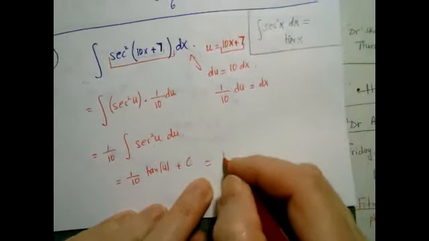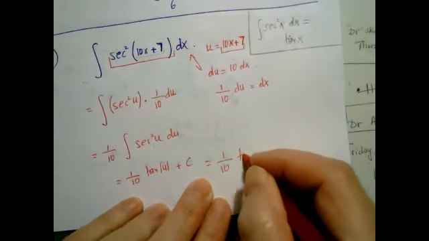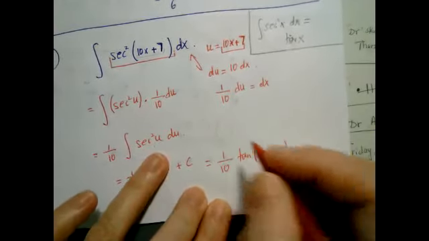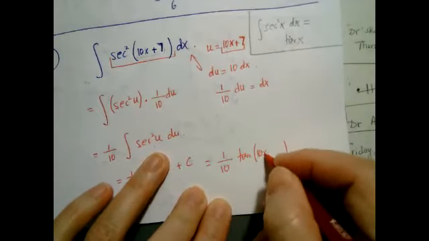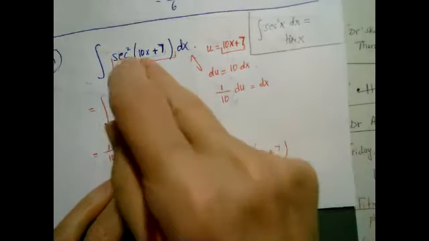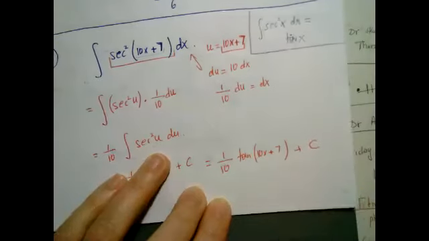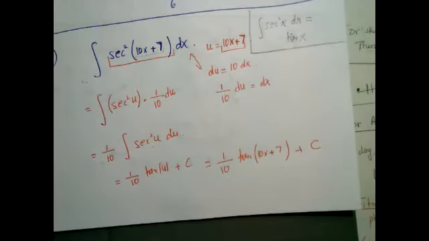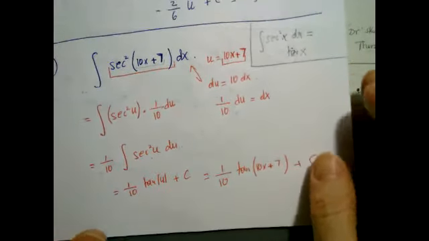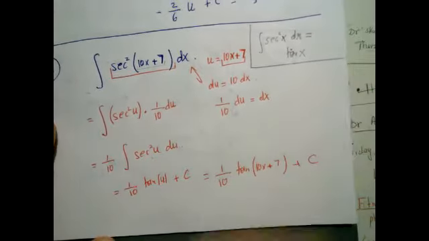And finally, this will give me 1 over 10 the tangent of 10x plus 7, plus c. Since that's an indefinite integral, the variable is x in this problem, it doesn't have to be. I hope this clarifies the substitution because, as I said, it's one of the most important integration techniques you will learn.